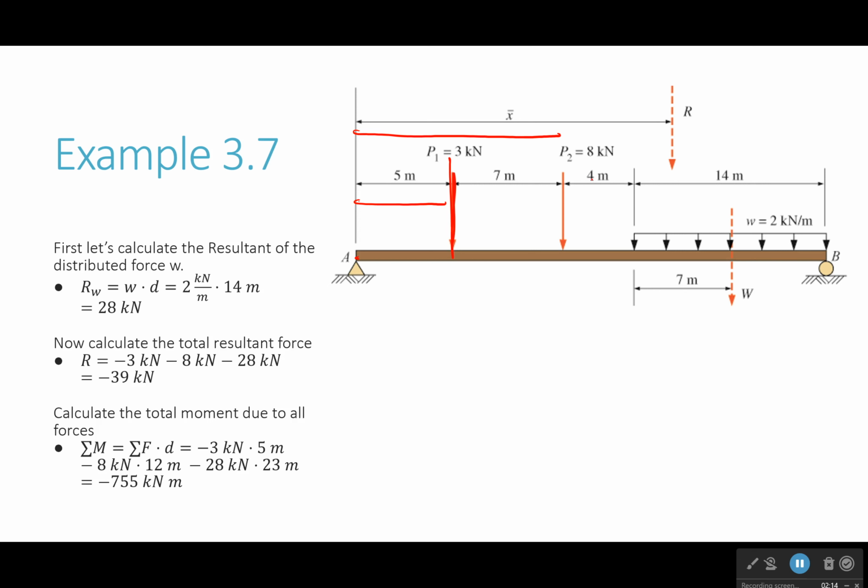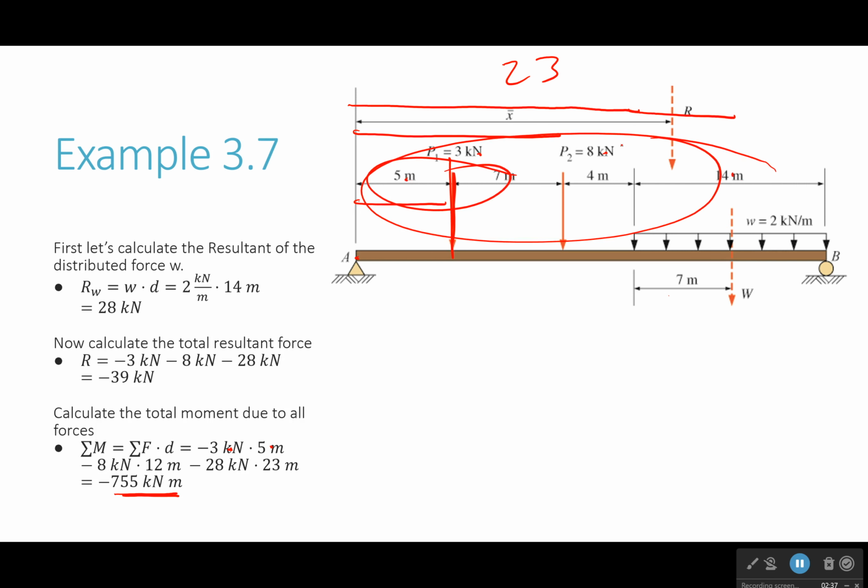And then this one, well, that would be, let's see, 16 plus 7 would make that 23 meters to the 28 kilonewton force. I calculate that and I get negative 755 kilonewton meters. That's just force times distance, and then force times that big old distance.